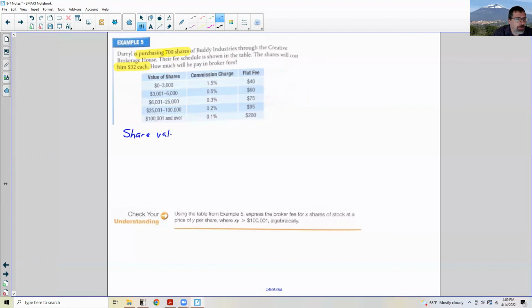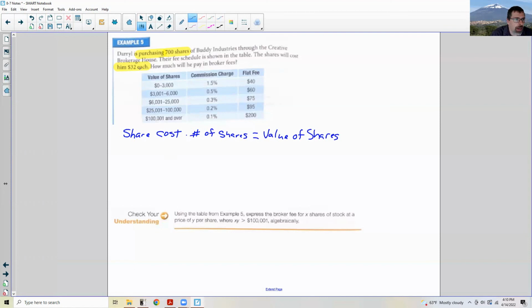The share price, one share will cost him, times the number of shares equals the value of shares.